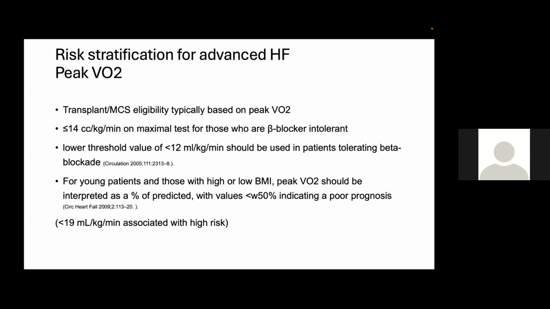If the patient is on beta blockers, we should lower our threshold to less than 12. And we should also consider the variation due to high or low BMI. And in those cases, we should consider less than 50% as indicating poor prognosis.